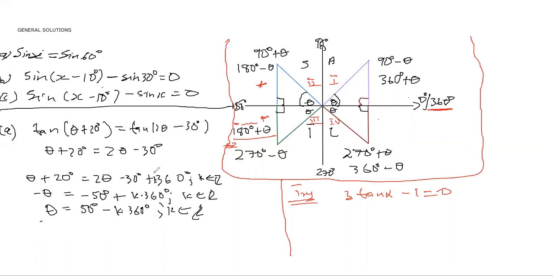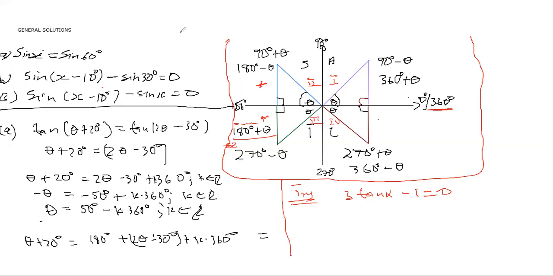The second solution, I'm going to check, did I have a positive or a negative thing? Everything was positive. So tan is positive again in the third quadrant. So I'm going to take this and say, okay, this is theta plus 20, which is equal to 180 plus 2 theta minus 30. Then I include k dot 360, where k is an element of integers.